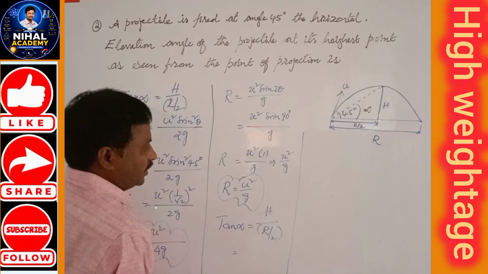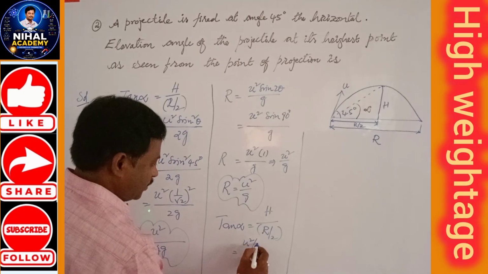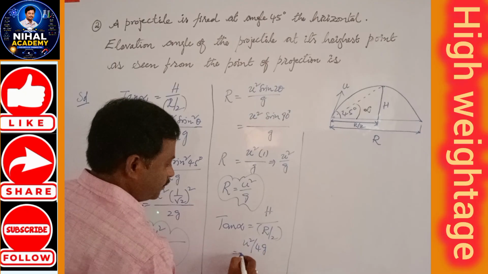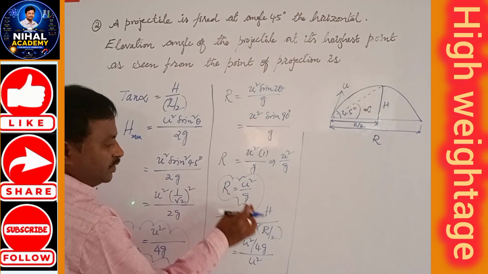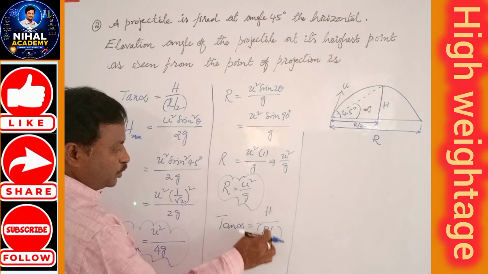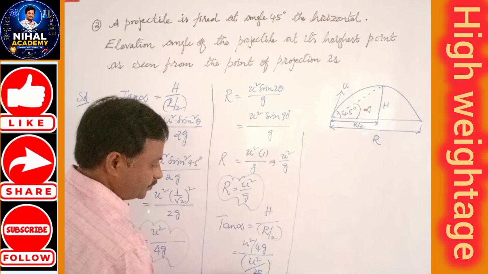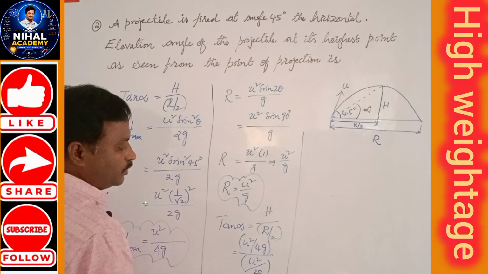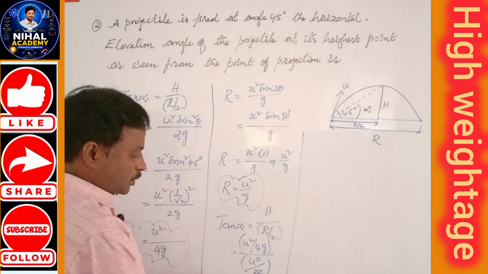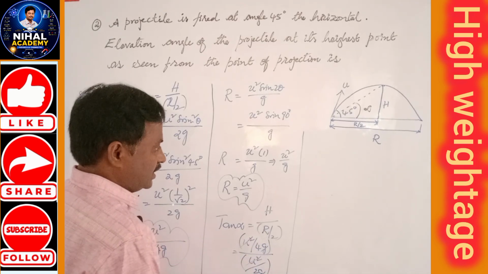R by 2 means u square by 2g. So this is u square by 4g divided by u square by 2g. If you simplify, u square cancels, g cancels.